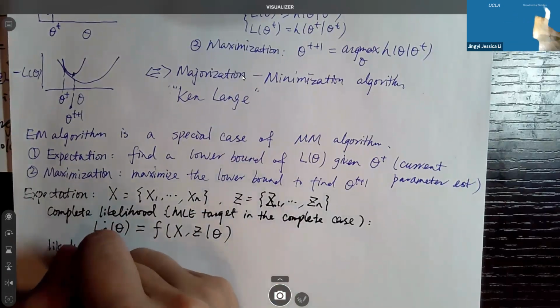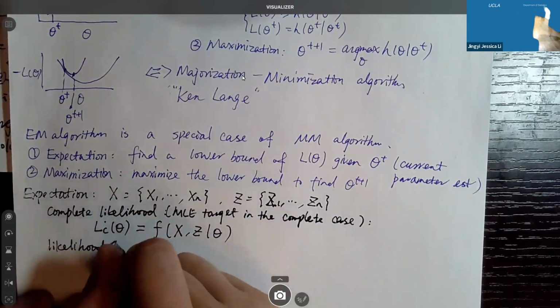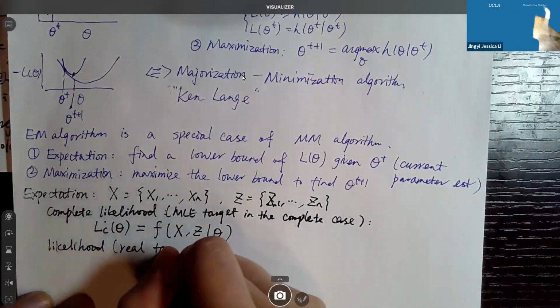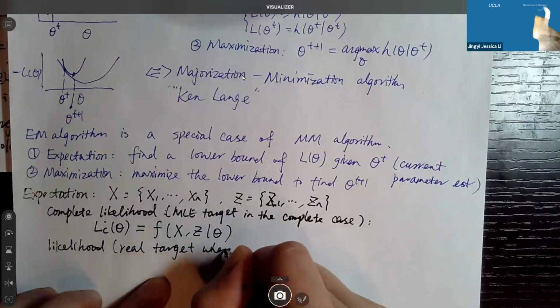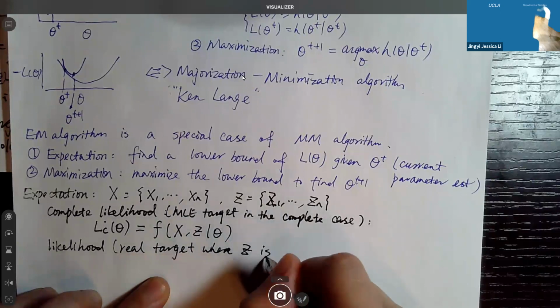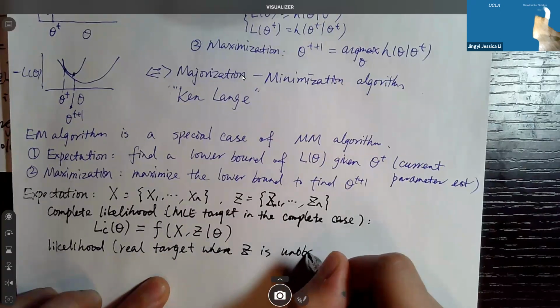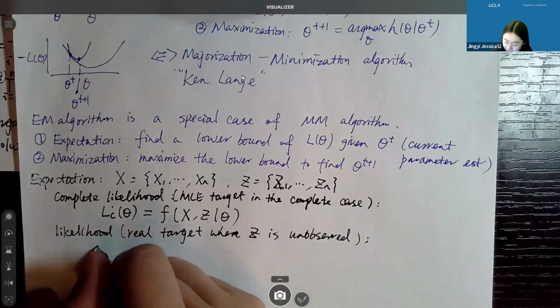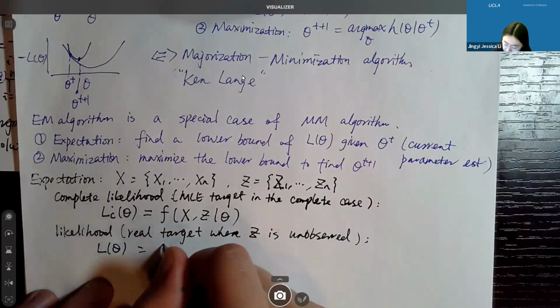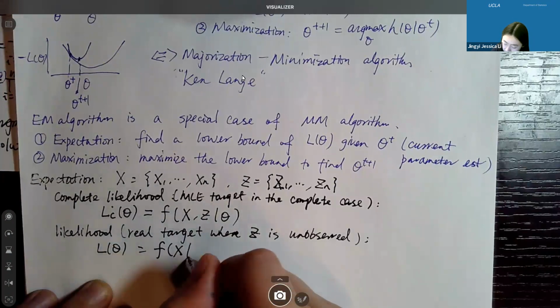The likelihood is our real target in the missing data case, when Z is unobserved. So in this case, I will write it as L theta, which is the density of X given theta.